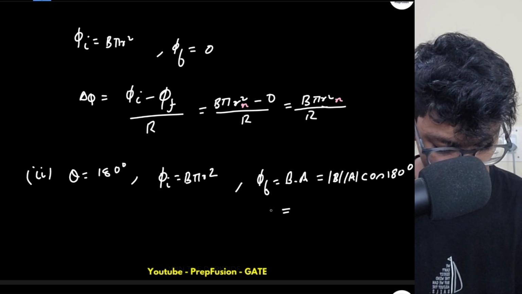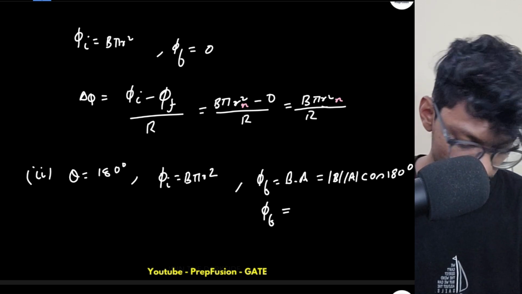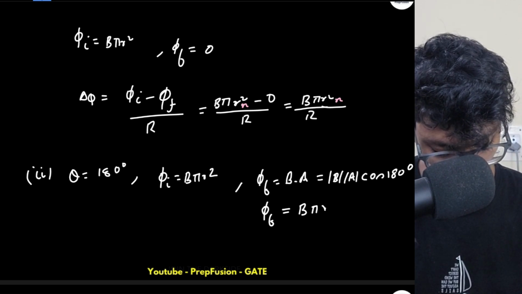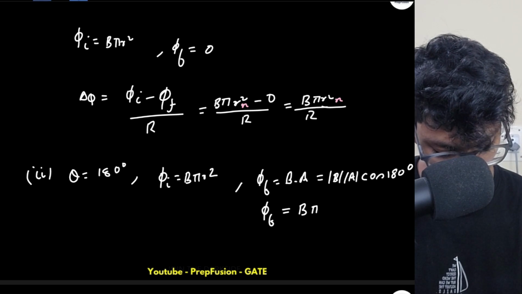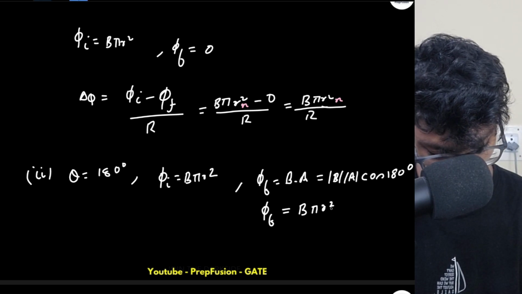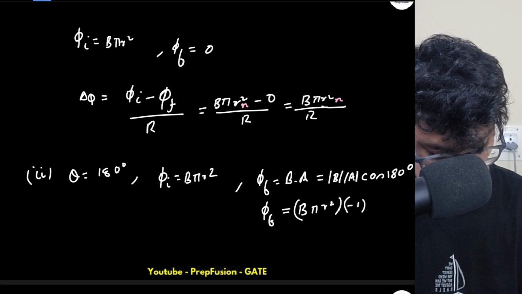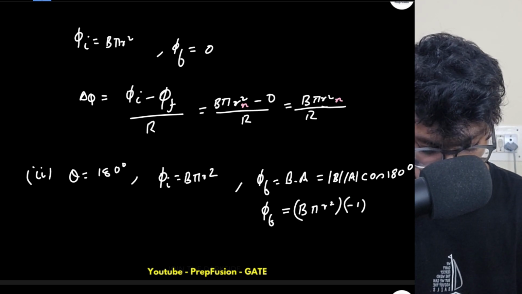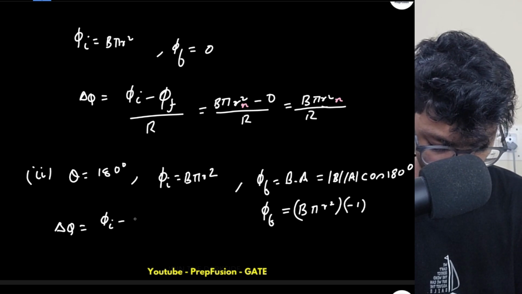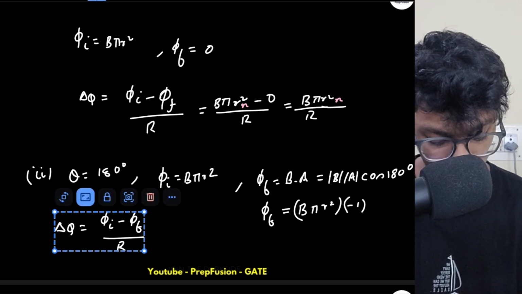So phi final equals the magnitude of B, which is B itself, and A is pi r square, but as it is cos 180, it will be negative, minus 1. Now what is my delta q? I know delta q is phi initial minus phi final divided by R. I am not recommending you to remember any formula.